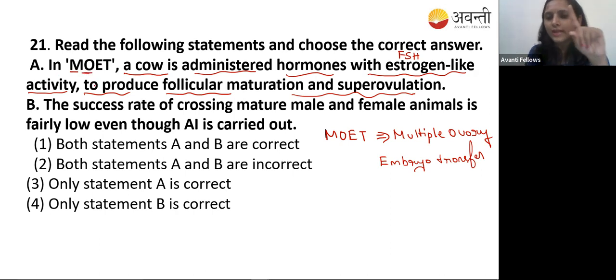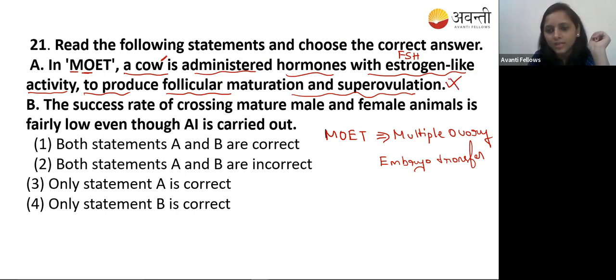In a normal cycle, FSH gives rise to only one egg. But once the FSH is administered more, super ovulation will happen. Many ovaries will develop here. That is what we call super ovulation. So follicular maturation and super ovulation will happen.